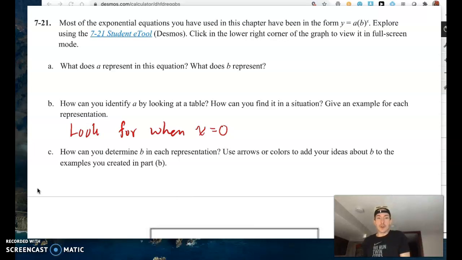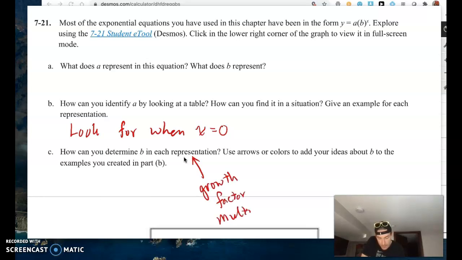And then how can you determine B in each representation? This is just going to be that growth factor or that multiplier. You guys can definitely identify that with words like 2 times, 3 times, twice, doubling, etc.